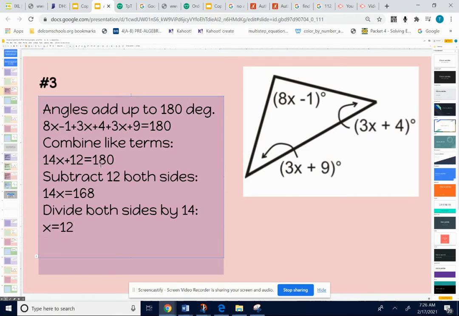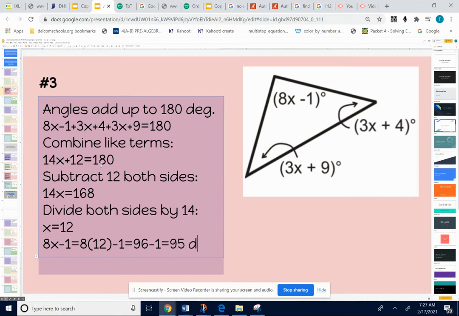So now that I know x is equal to 12, I can find all 3 angles. One angle is 8x minus 1, which would be 8 times 12 minus 1. 8 times 12 is 96, minus 1 is 95.